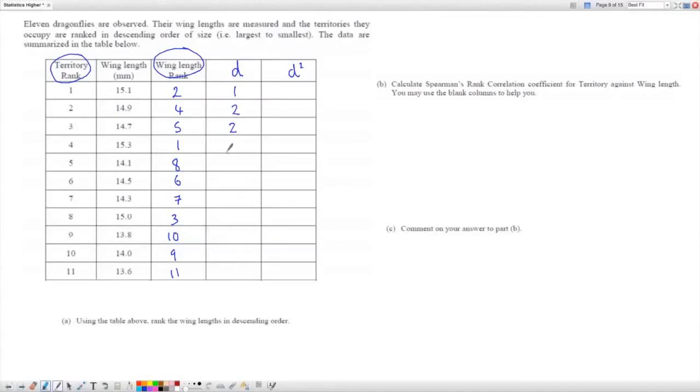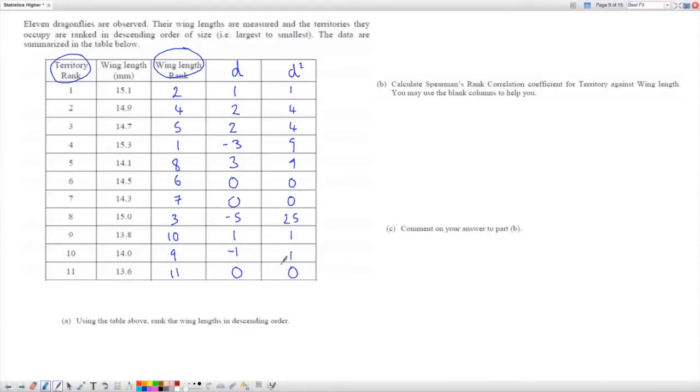Here we go from 4 and down to 1, so minus 3. 3, 0, 0, minus 5, 1, minus 1, 0. Squaring each one of those differences, we have 1, 4, 4, 9, 9, 0, 0, 25, 1, 1, and 0.